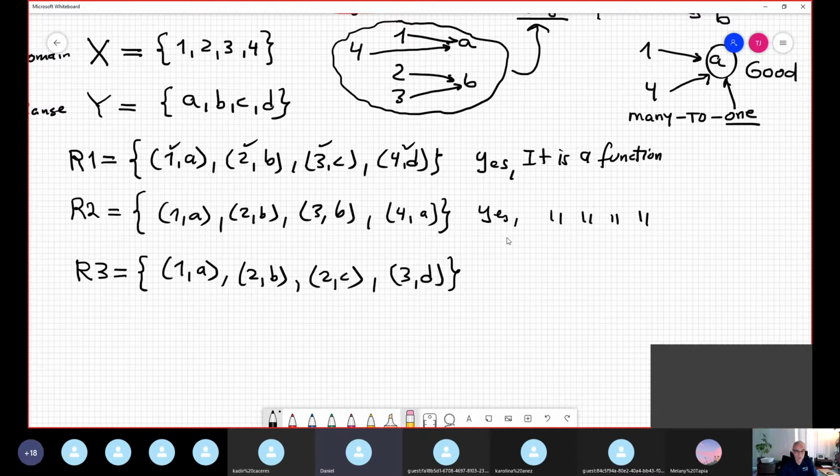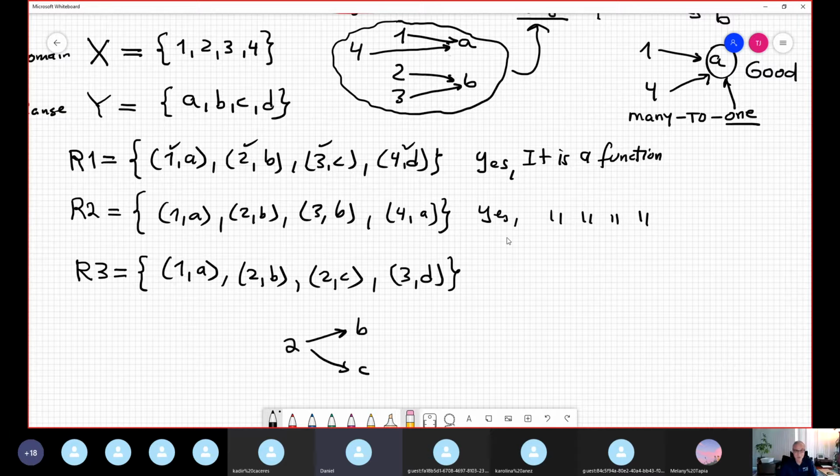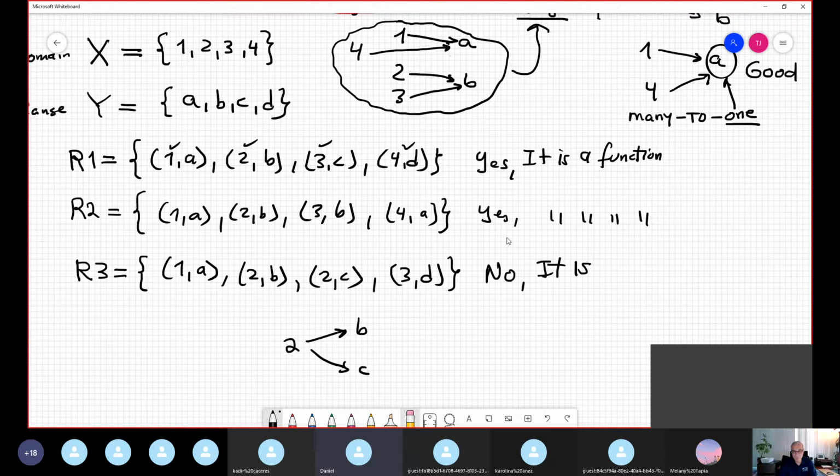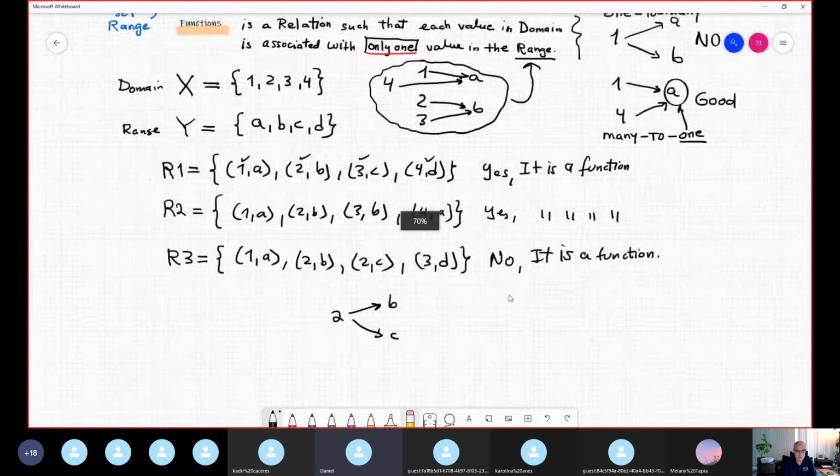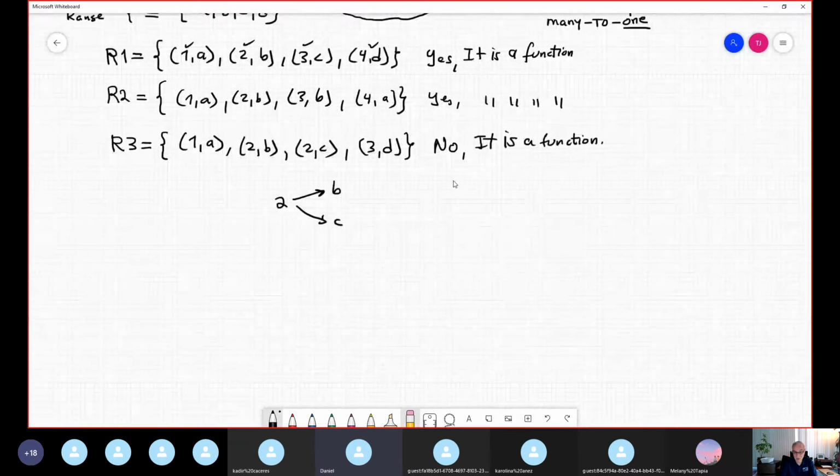I can see that 2 is associated with B and also associated with C. So no, it is not, because of one-to-many. This is the idea. I suppose everyone understands the idea very well. This is a little bit confusing, but now we are clear.